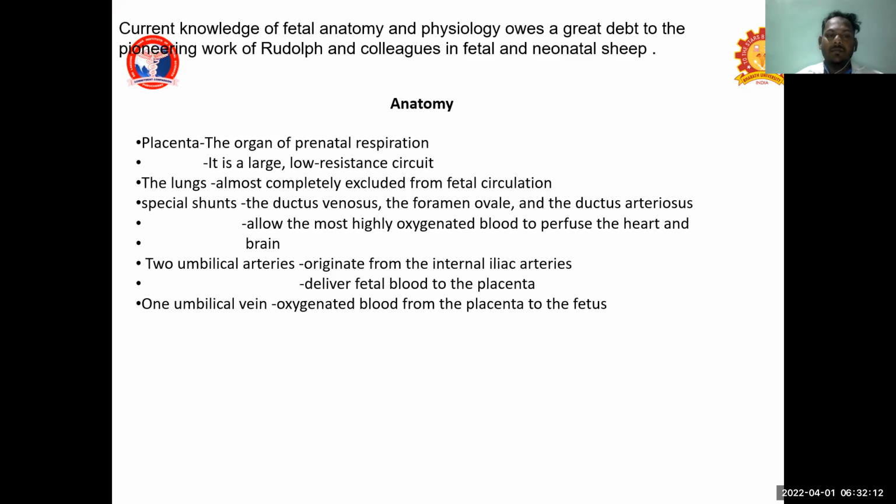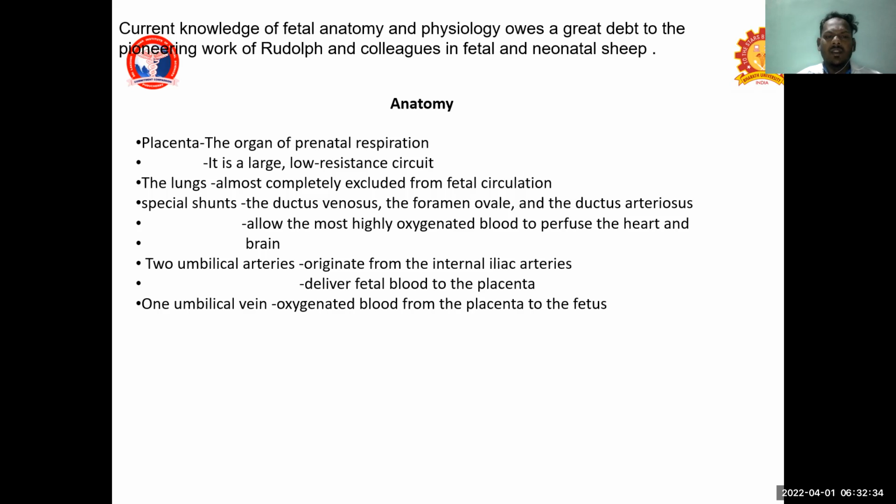So, anatomy per se, what we are going to see is the placenta. It's an organ of prenatal respiration. So it's going to respire for the baby. It is large and it has a very low resistance circuit, so that blood flows very easily through it.